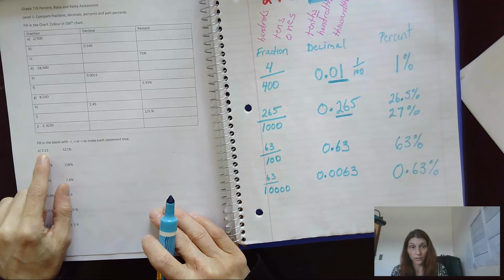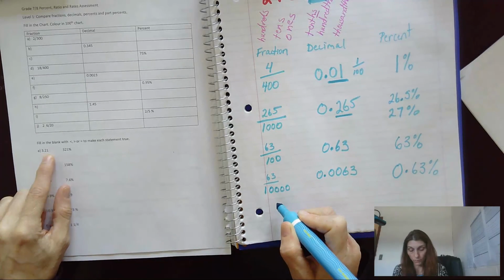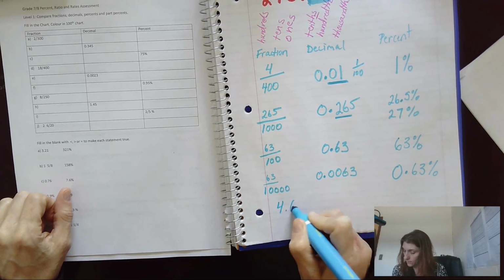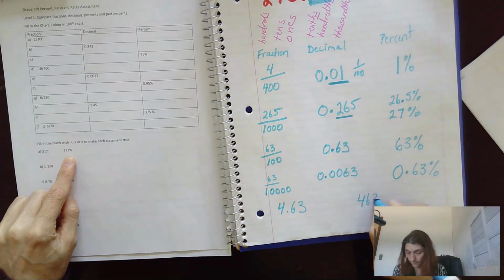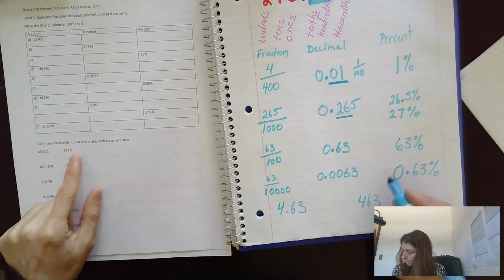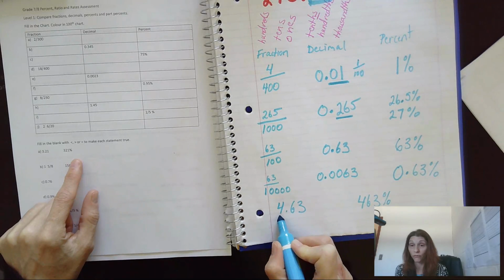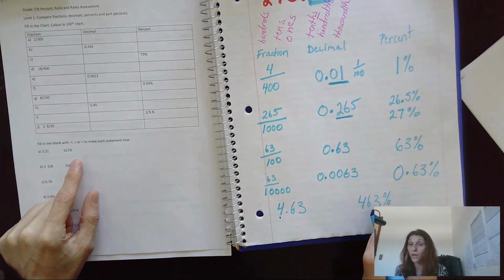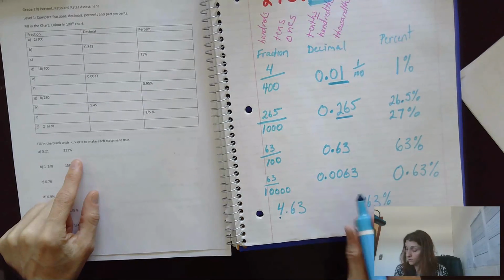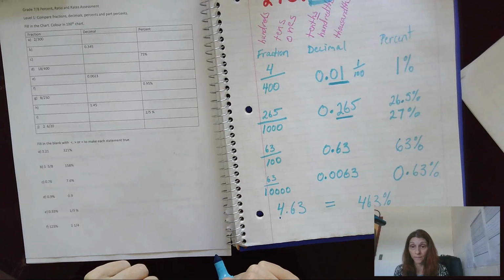Make sure you're understanding in these cases where you have something like this is 3.21, if I went 4.63 and 463, 400 whole percent, 4 whole objects, 63% more. These are equal. Make sure you're understanding that.